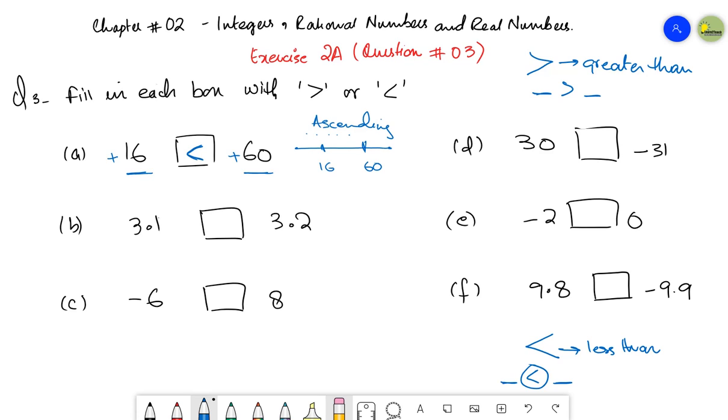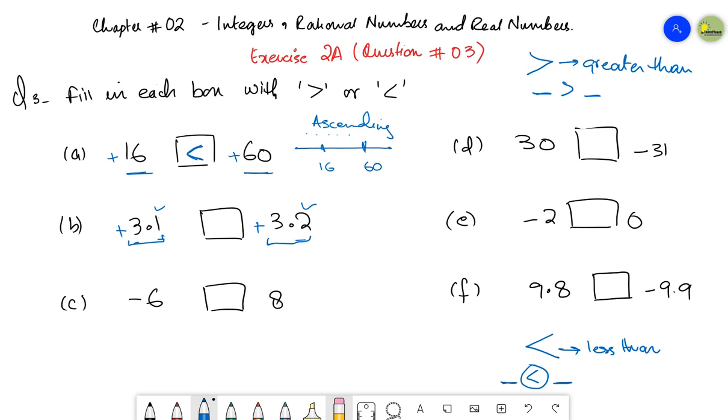Now moving towards part B. In part B, I have two decimal numbers. The number after the decimal point is different, whereas the number before the decimal point is the same. So what will we compare? We will compare the number that is after the decimal point. Since both the numbers are positive, we are going to see the magnitude, the number itself. And since the number before the decimal point is the same in both, we will consider the number after the decimal point.